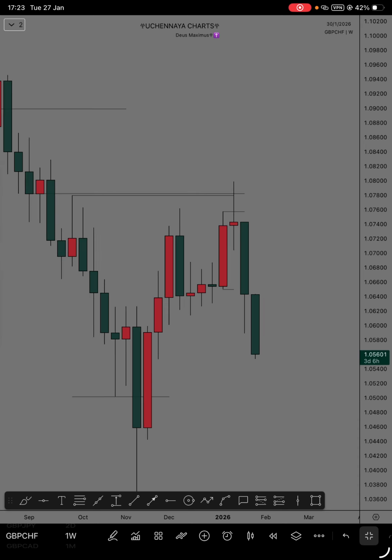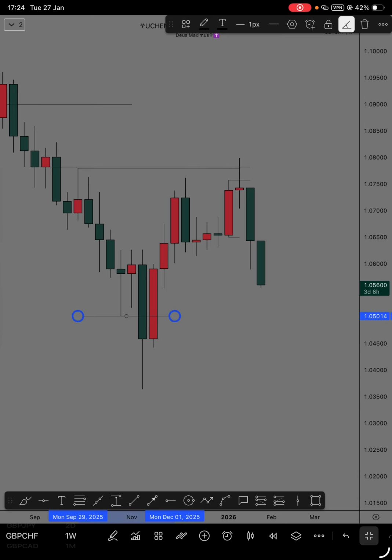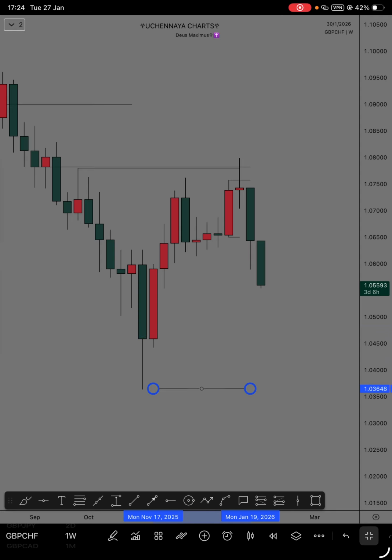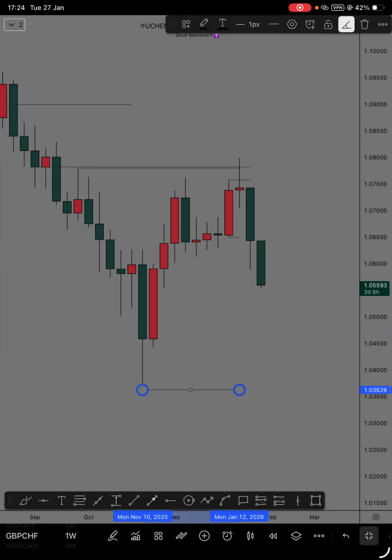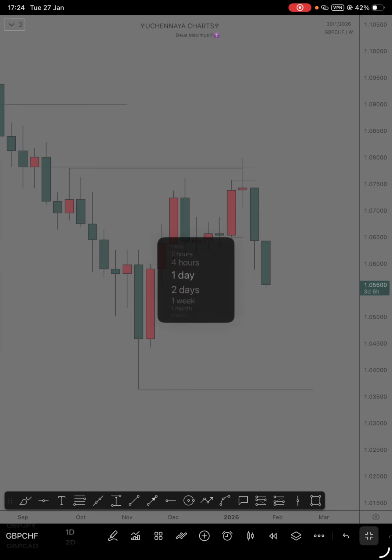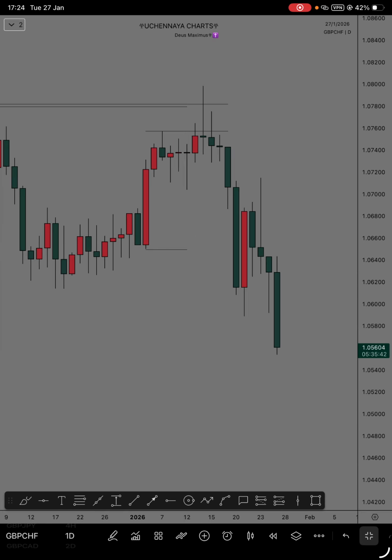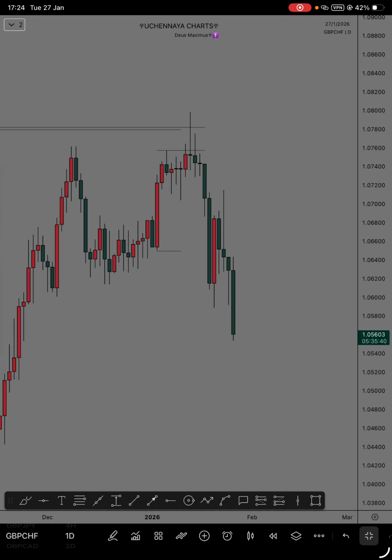So when you go to the daily time frame, now I have the conviction that price is probably gonna come all the way to this point, right? Okay, so when we go to the daily time frame, what do I see? I see that on the daily, we have been very bearish as well.